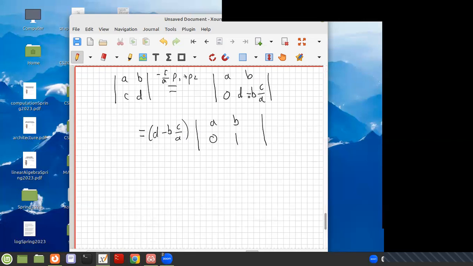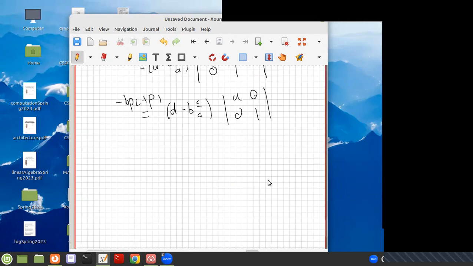In other words, if our row operations work, then whatever this number is, I can factor it out here. Then I can do minus B row 2 plus row 1, which gives D minus B C over A times A, 0, 0, 1.